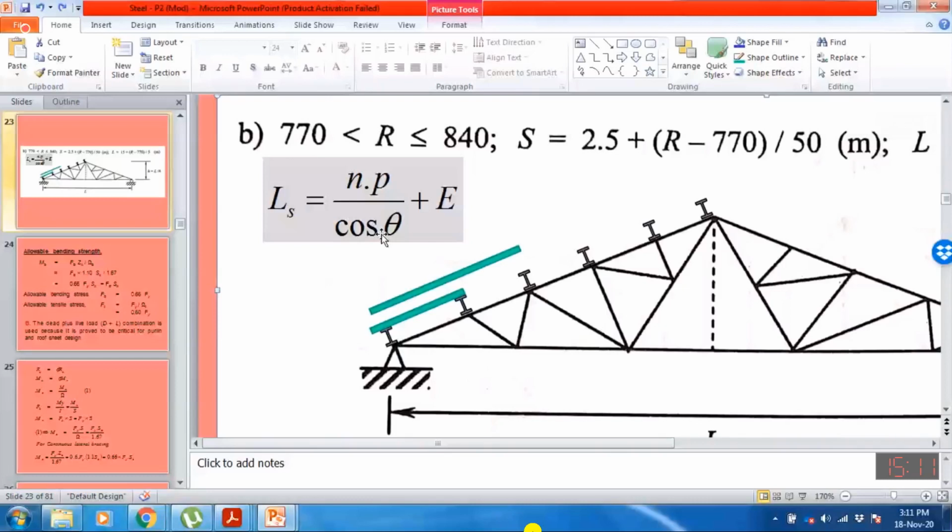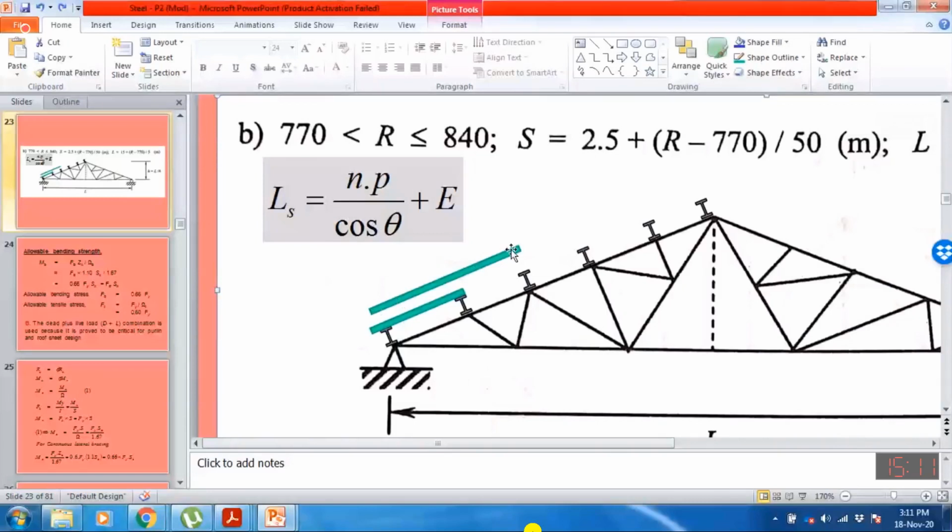I am unable to select this. Anyhow, I will explain. I will check whether I can cover the length between two consecutive purlins with one sheet or not.